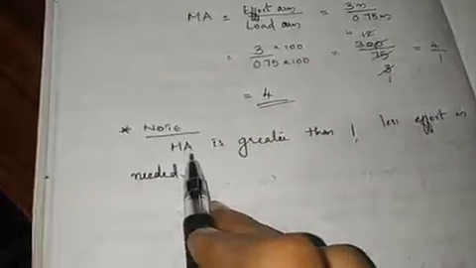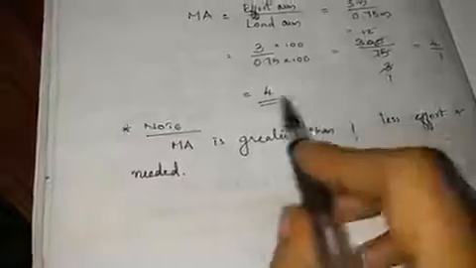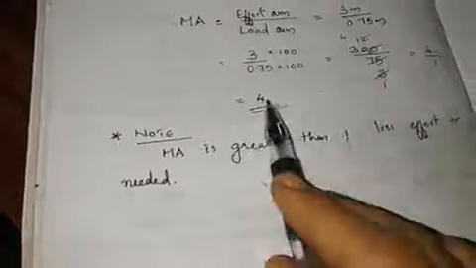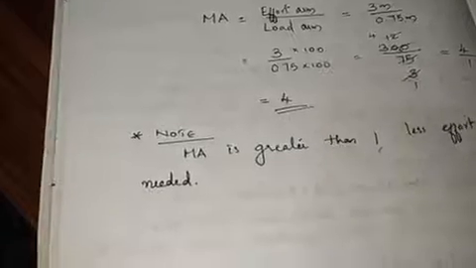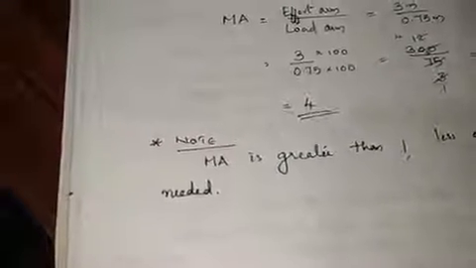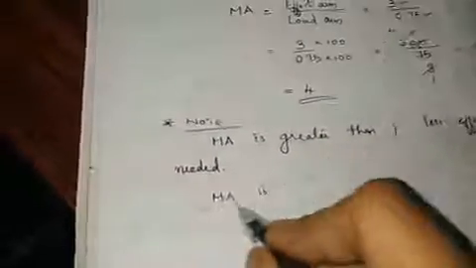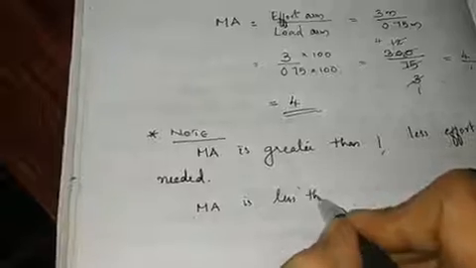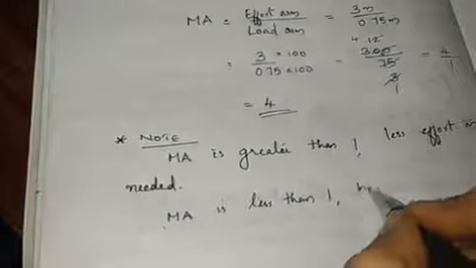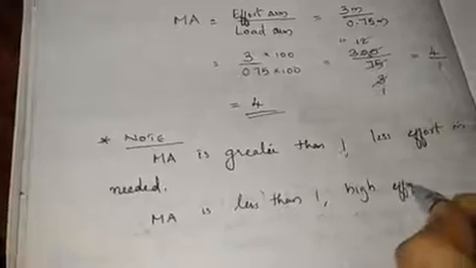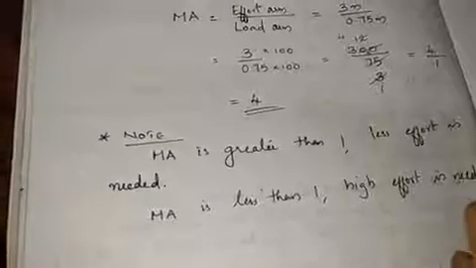Suppose you get mechanical advantage less than 1, 0.5, 0.9 like that, that means you need to apply more force or you need more effort to overcome the load. So that also we can write: if MA is less than 1, high effort is needed. Okay. So all of you write this in your notebook.